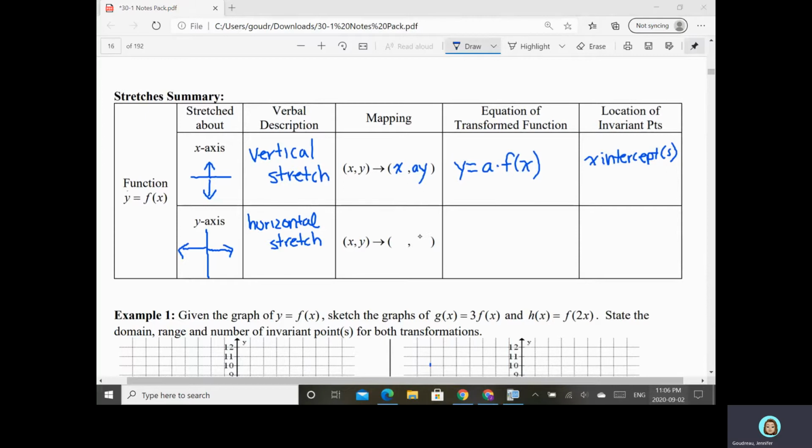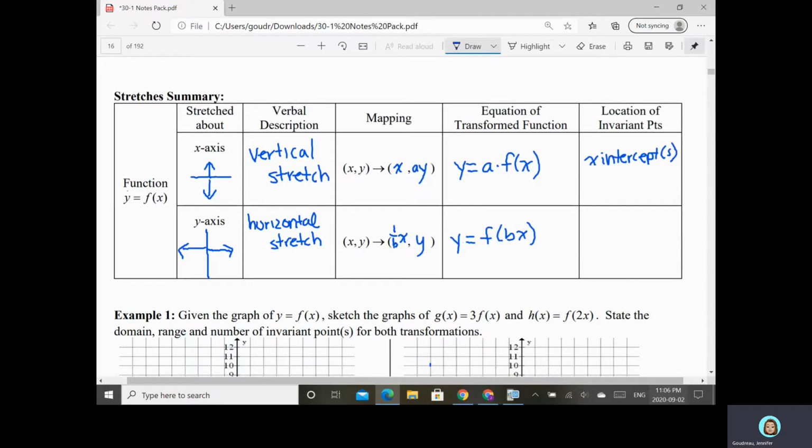That means that our y value stays the same. Our x value is going to change, and it changes by the reciprocal of the b value, so 1 over b times x. Our new function goes from being just y equals f of x to being y equals f of bx.